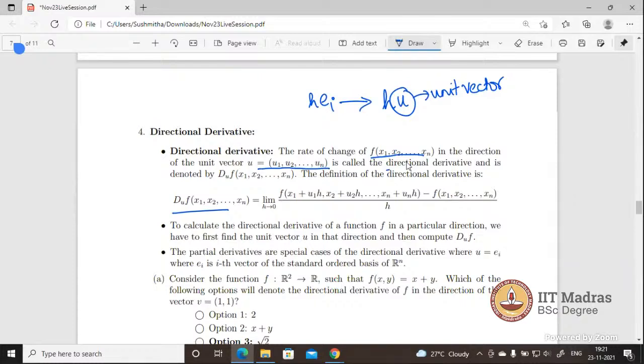Since 1, 0 represents the x-axis, change along the x-axis is obtained by doing h ei. Change along the y-axis is obtained by putting 0, 1, like h 0, 1. So change along any other direction will be obtained by putting u, that direction, instead of ei. Is it clear?